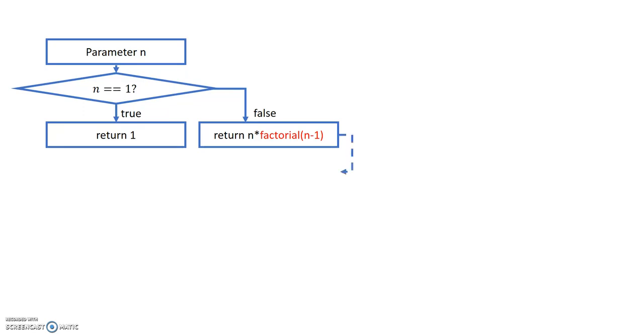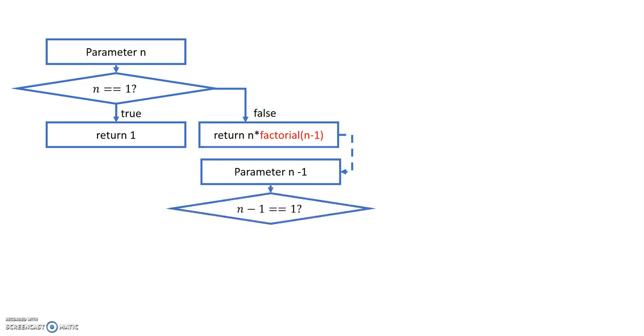Then what is the factorial of n minus 1? Well, that's going to start a new call of the function with parameter n minus 1. The same method is getting called on, so n minus 1 equals 1 will be checked.